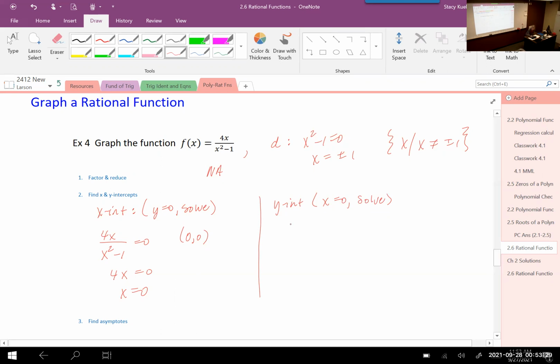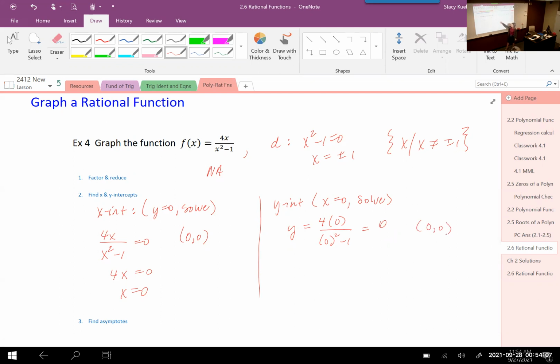So when I look for the y-intercept, y is going to be equal to 4 times 0 over 0 squared minus 1, which is still just 0, right? 0 in the numerator divided by anything, as long as it's not 0, is still just 0, right? So the x and the y-intercept are both occurring at the origin, are they not?